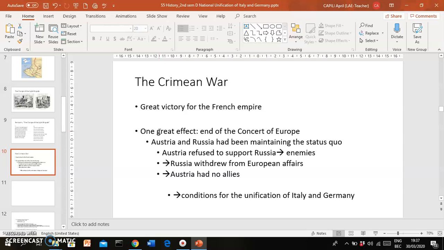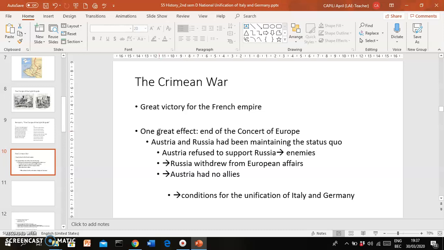Okay, so Austria would be left with no allies anymore, and you could say that this would set up the conditions that would allow for the unification of Italy and Germany.